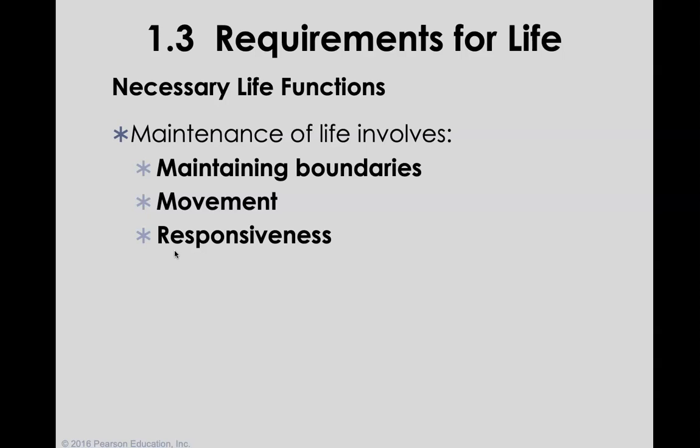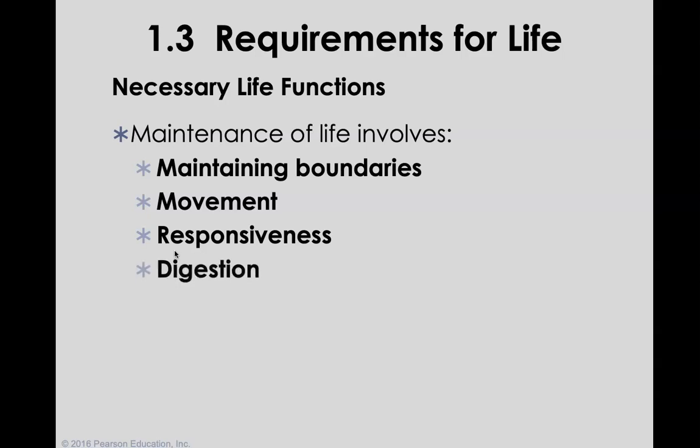So for example, you start to run and your muscles are screaming for oxygen because you're running from the big scary bear. And so we need to be able to control our breathing rate and respond, right, to that new need for more oxygen to our tissues. So we have to be able to respond to changes in our external environment as well as our internal environment.